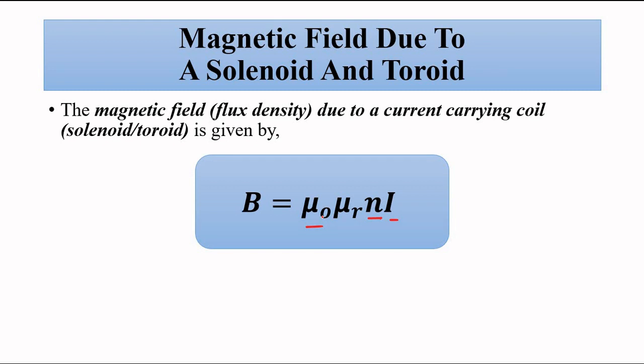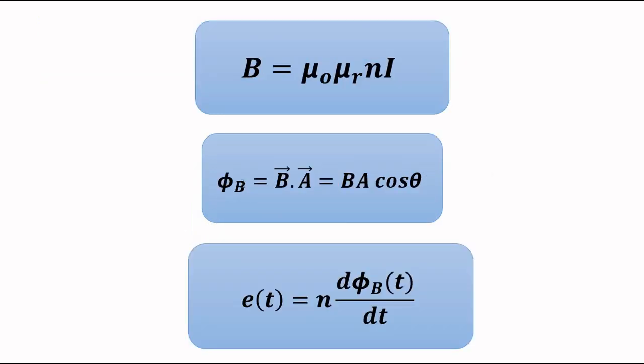So the only thing which is variable is the relative permeability, and this changes with respect to the applied force, pressure, stress. So as the magnetic flux density changes, the magnetic flux also changes.